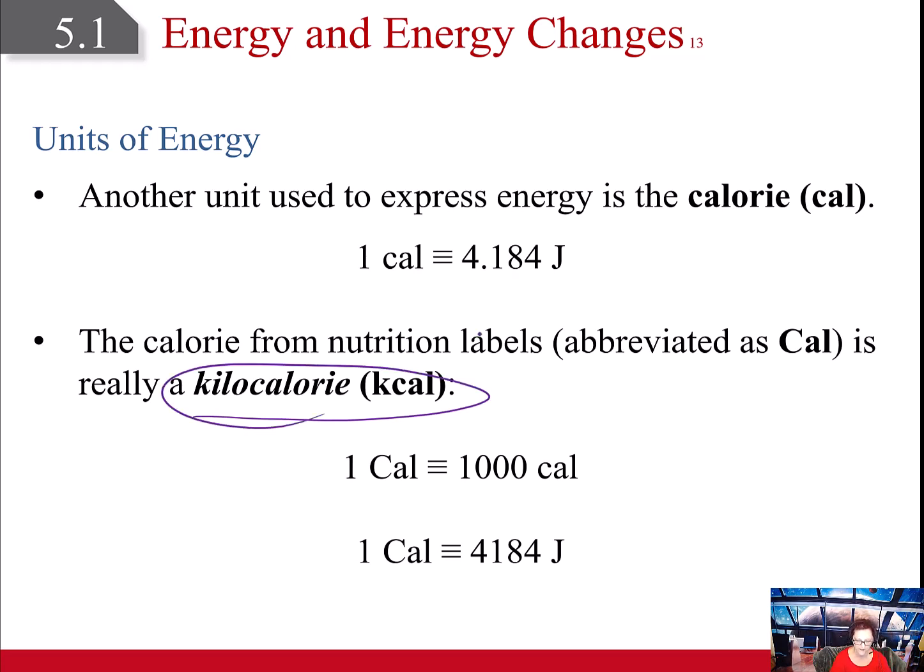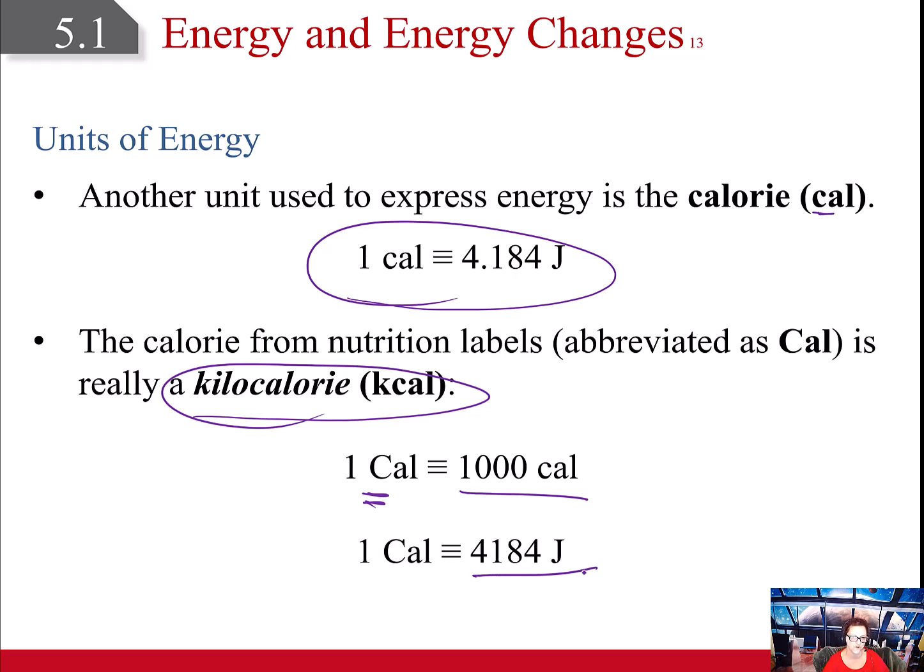A kilocalorie, notice it has a capital C. You have to really watch sometimes to make sure whether it's a capital C or a lowercase c, because the lowercase c is the calorie, and 1 calorie is equal to 4.184 joules. A kilocalorie is 1,000 calories, and 1 calorie then is 4.184 joules.